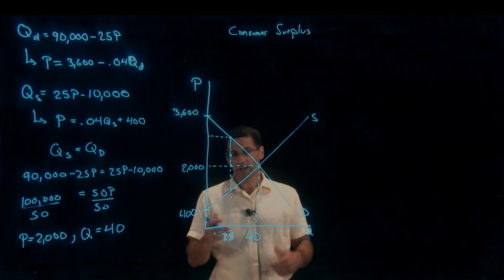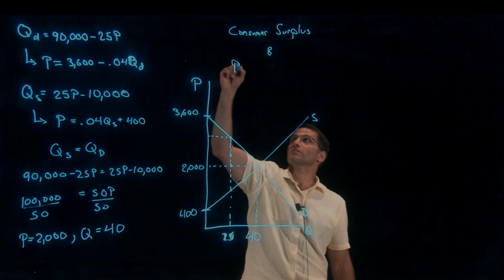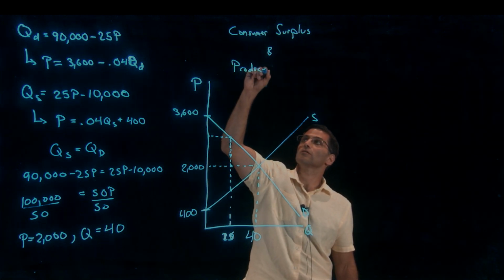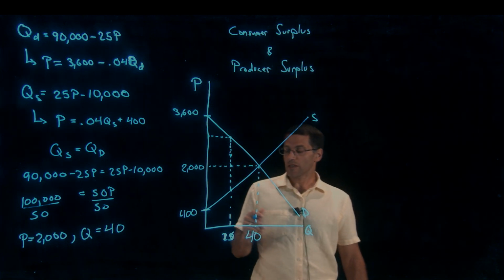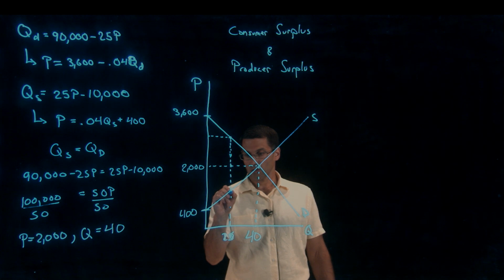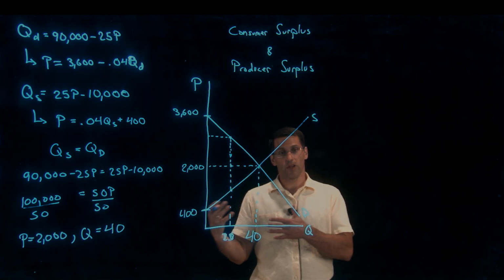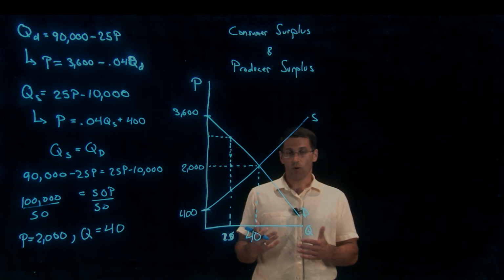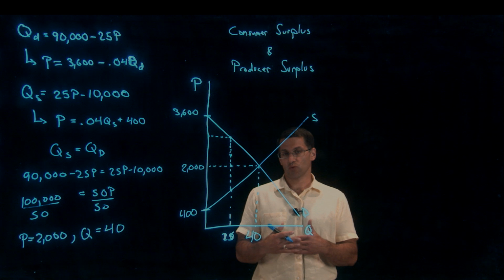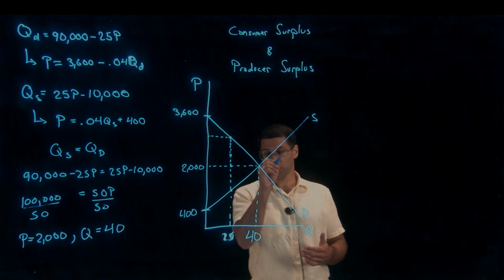Okay? Likewise, producer surplus is the difference between the lowest price that the producer is willing to accept in order to sell that unit of the good and the price that they actually receive. Well, what is the lowest price the producer is willing to accept? That's given by the supply curve.